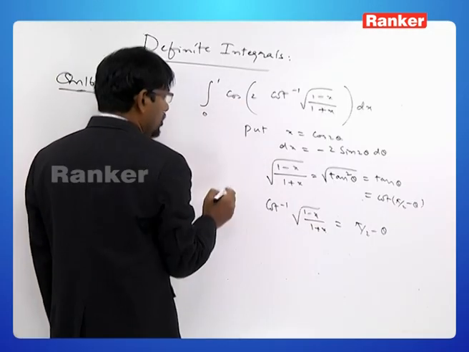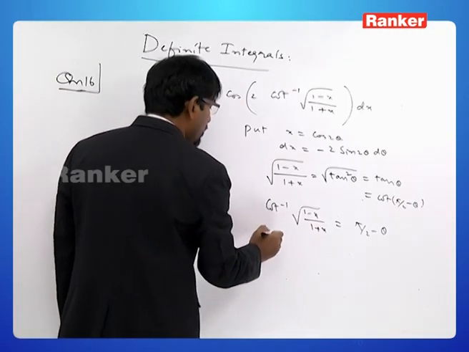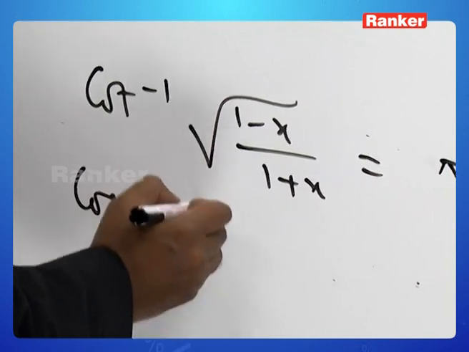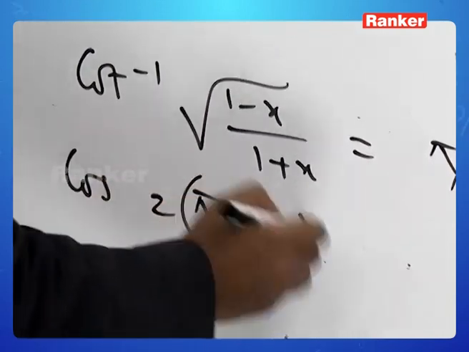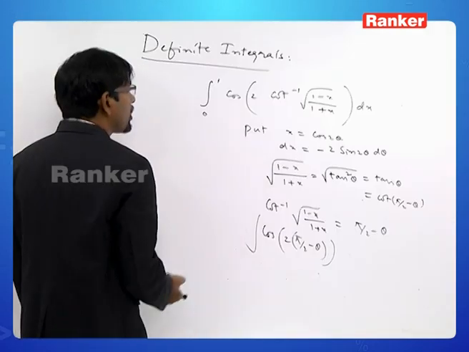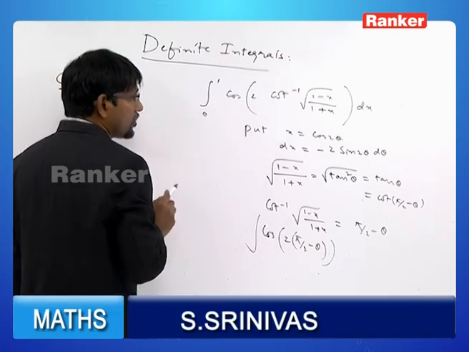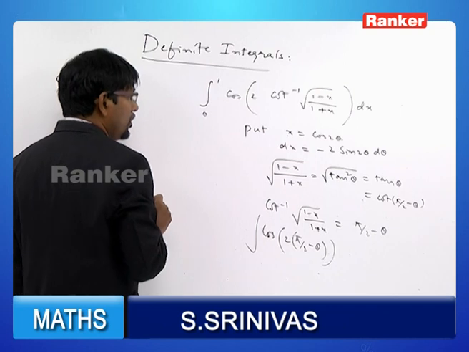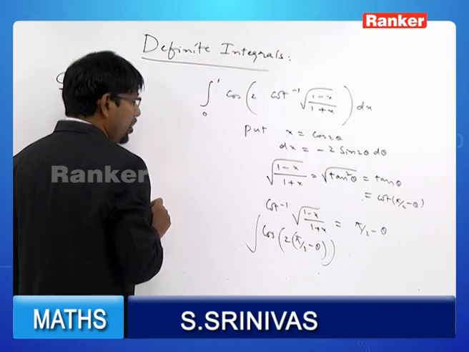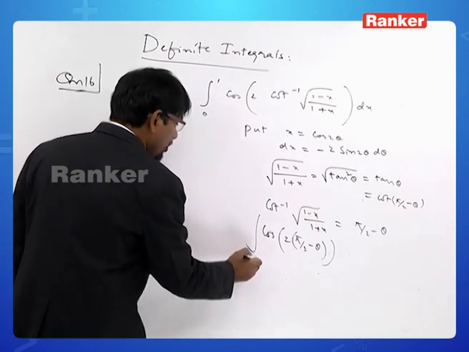So the integral will be cos of 2 times pi by 2 minus theta. Theta ranges from, when x is equal to 0, cos 2 theta has to be 0. So 2 theta I can take to be pi by 2, so theta is pi by 4.